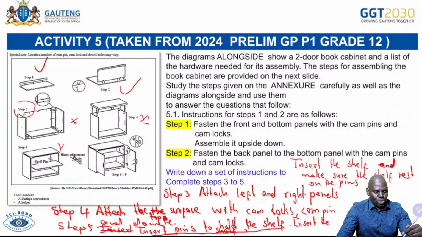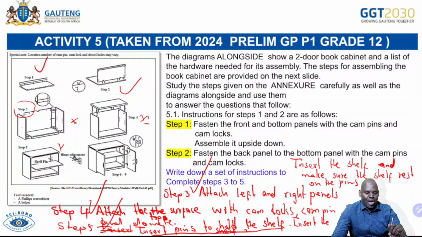In this case, we had to explain step number 3, step number 4 and also step number 5. You just have to explain what you see there, and what you see there must be relevant and able to be seen on the picture. And that is activity number 5.1.